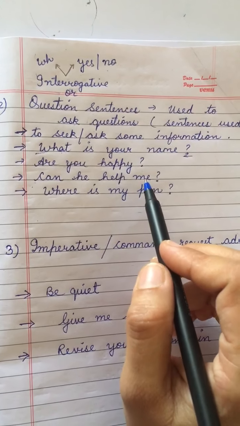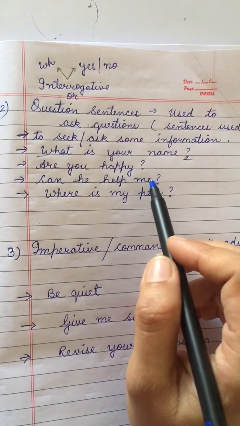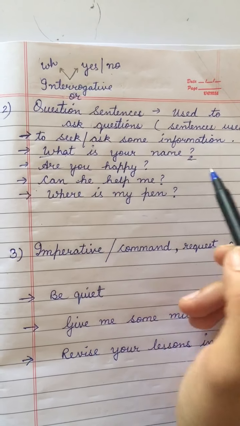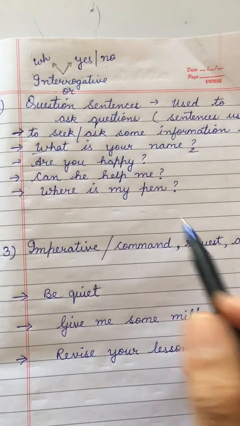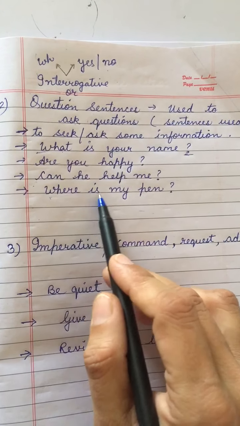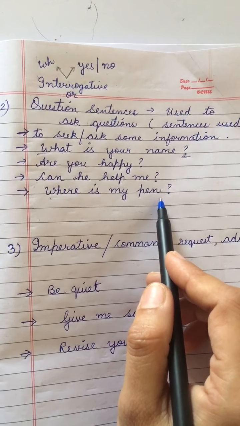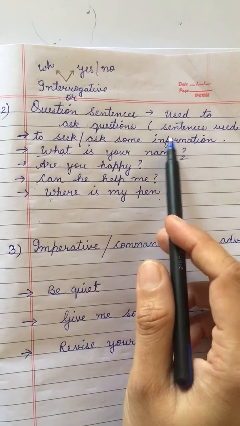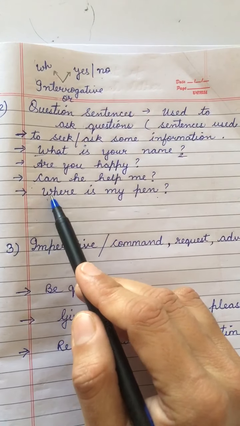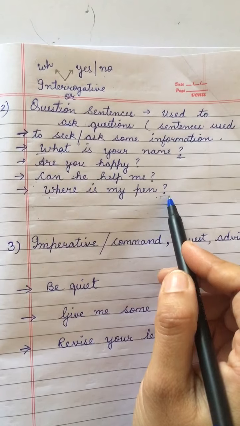Can he help me? That means again I am asking whether you will be helping me or not. That means yes or no. Where is my pen? I am seeking information about the location of my pen. So all these sentences begin with a capital letter and end with a question mark.